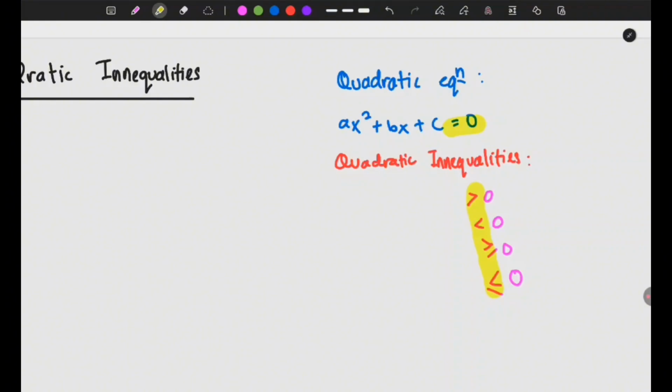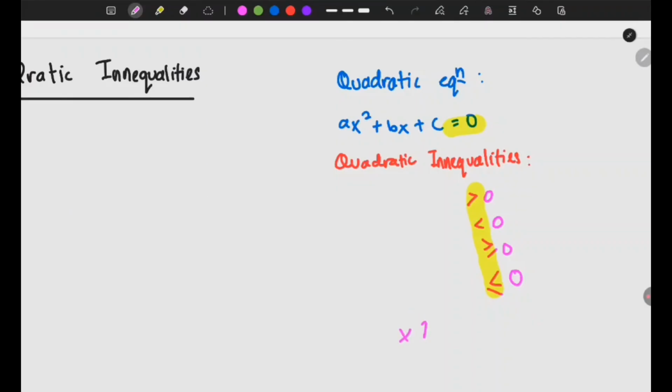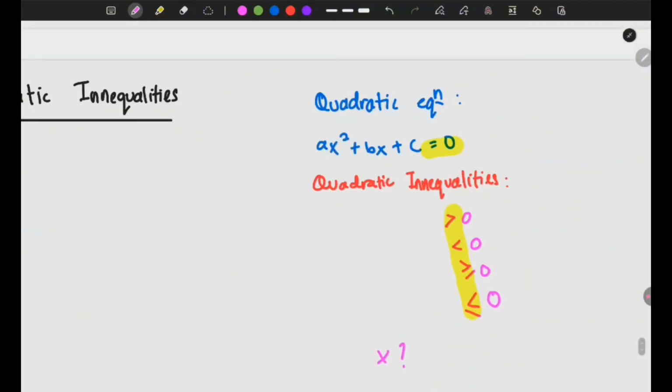So this kind of thing is the only difference. Otherwise they're the same. And because there's inequalities in your equation, that means the method, the way that you find the x, also will be different.